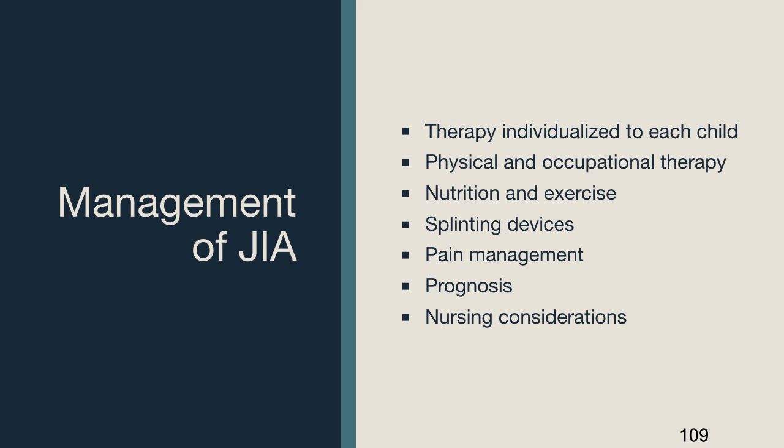In some cases, they may use splinting devices to help them deal with pain. Pain management is very big, so they're going to be on those medications that we noted earlier. The prognosis varies depending on the child and how severe their JIA is. And those are some of the nursing considerations.